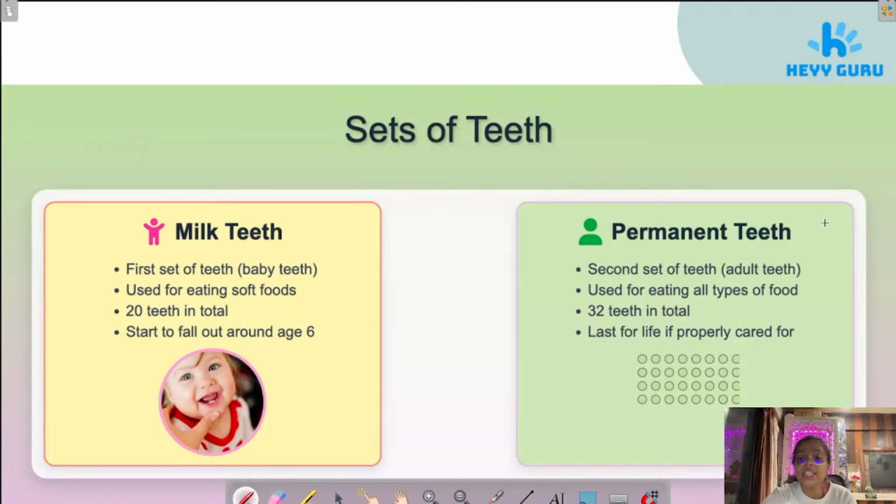And there are 32 teeth in total when you have permanent teeth in your mouth. When you are a baby with milk teeth, you have 20 teeth in total. And permanent teeth last for life. They are always with you up to the end of your life.